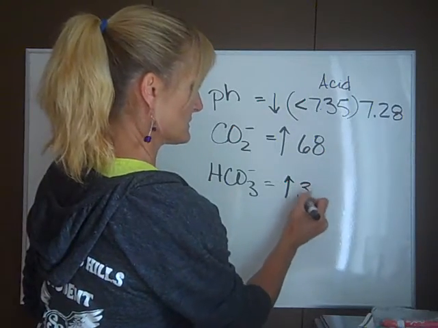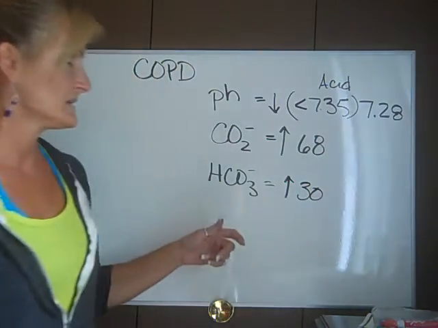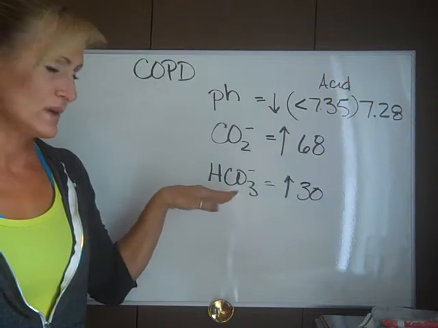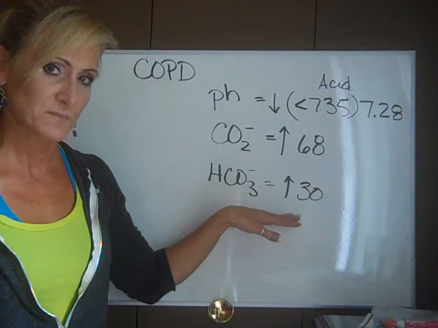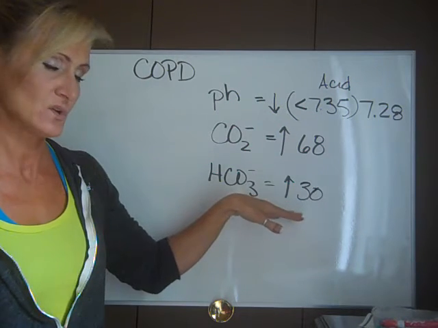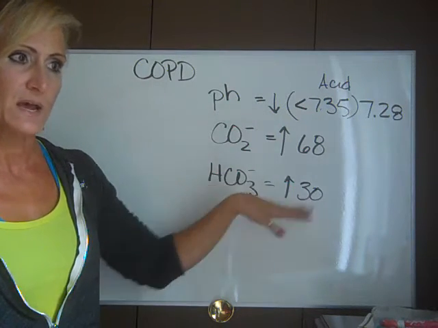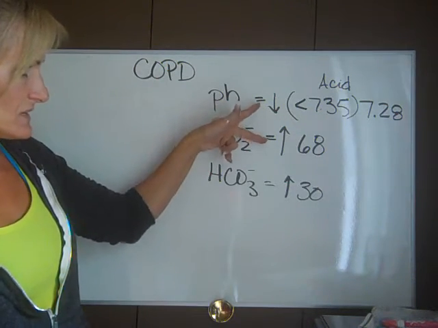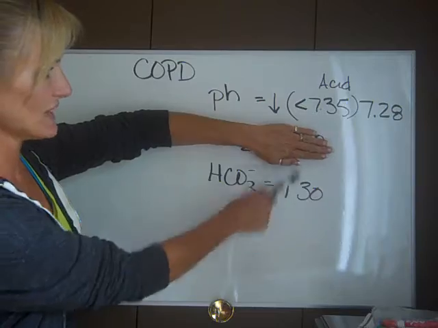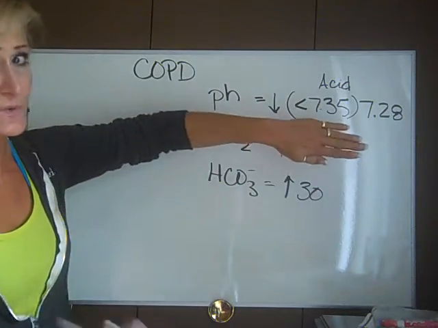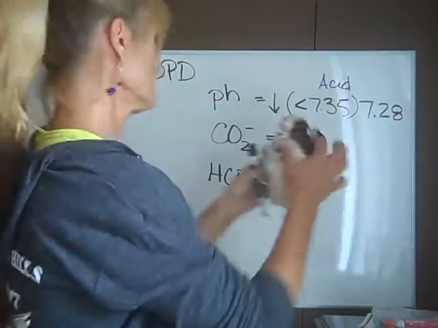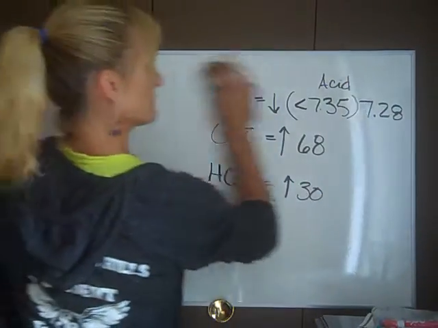So let's give this person a 30. This is respiratory acidosis with bicarb compensation. Kidneys are compensating. They're giving you a high base to accommodate the high acid. But your arrows are still opposite. Even if you didn't read this one, you just looked at it, you've still got opposite, so you still know it's respiratory with metabolic compensation.